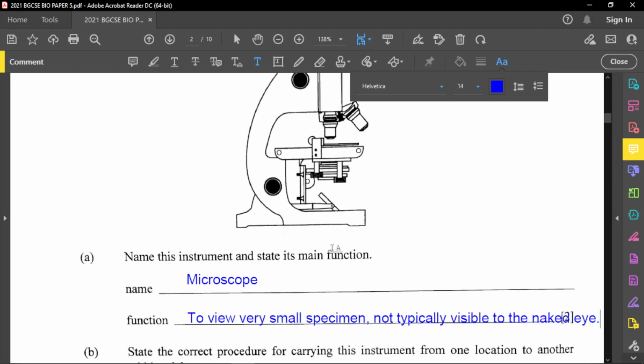All right. So that's what the main function is. Really to view small objects or to view microscopic objects or organisms or specimen. All right, so that's the main function. Let's see the next part of the question now.